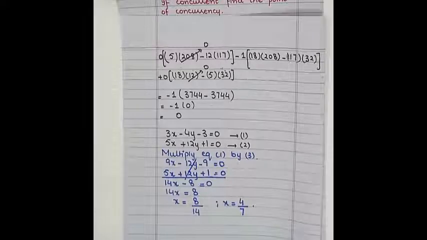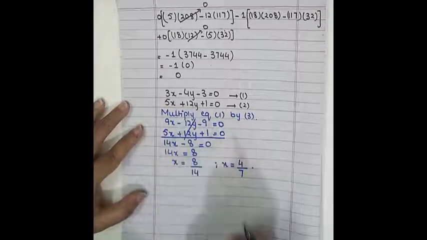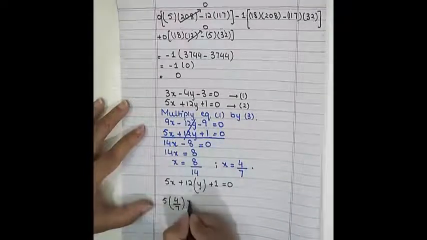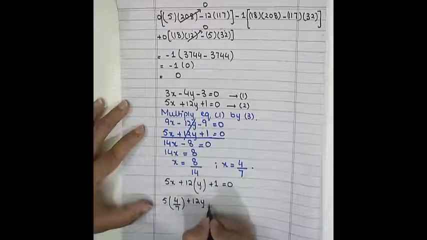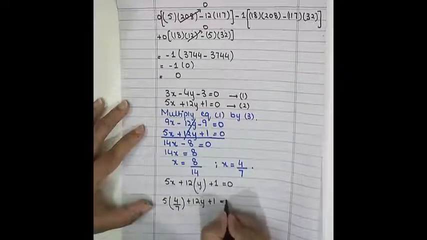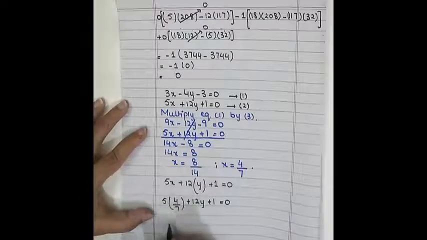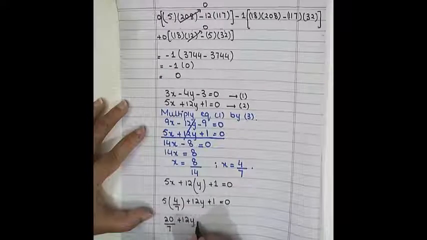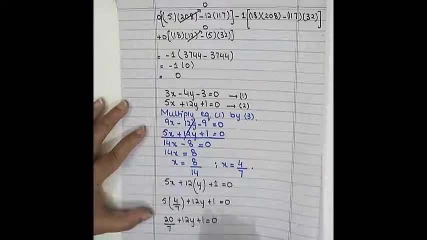Now we will put this value of x in any of these equations in order to get the value of y. Let me consider equation number 2. We have the value of x, 4 over 7, so 5 times 4 over 7 plus 12y plus 1 is equal to 0. 5 times 4 is 20 over 7 plus 12y plus 1 is equal to 0.